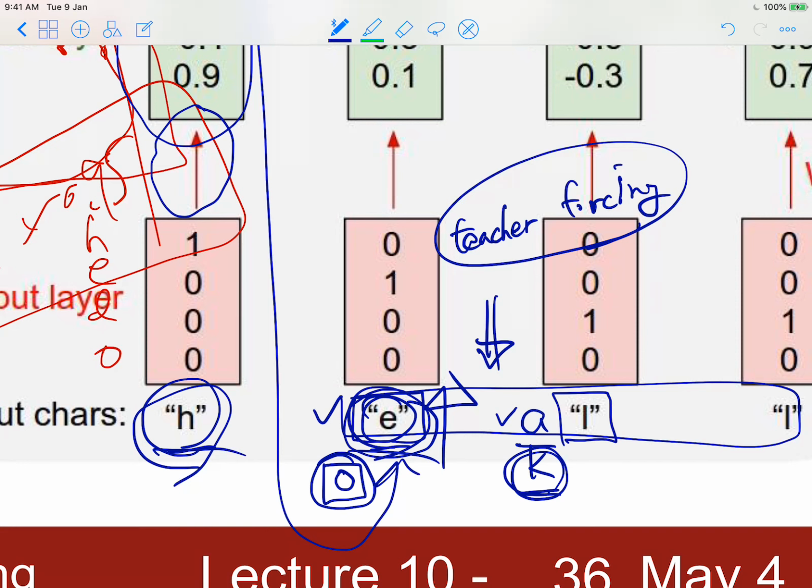And if you provided this potentially incorrect output produced by the previous time step in your model, that is the case of not using teacher forcing.